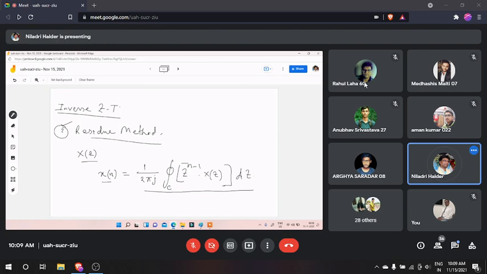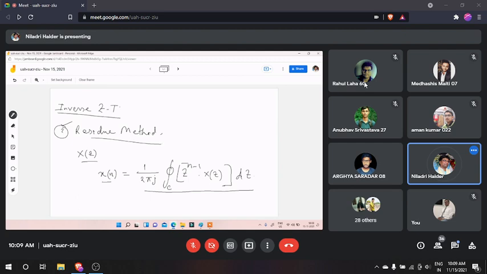And what is that method? First of all, X(z) will be given. From that X(z), you have to calculate the poles. All of you know how to calculate the poles.